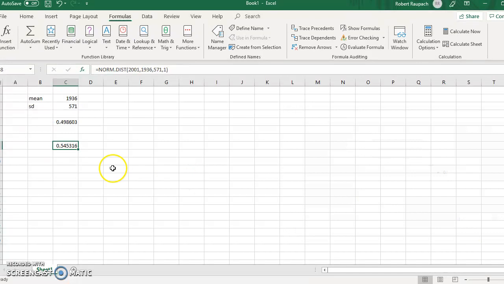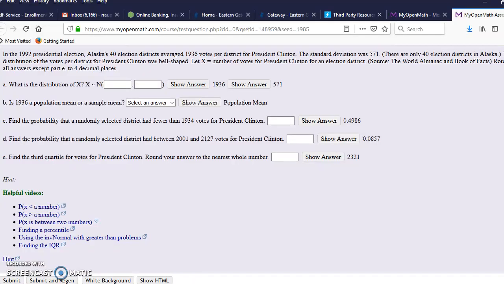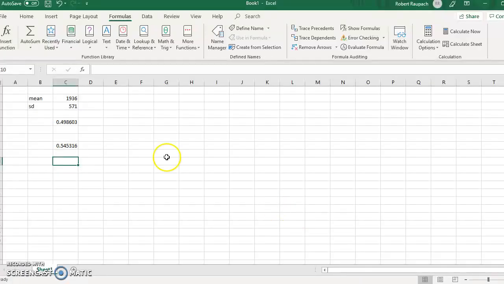Okay, there's one answer. Then I have to do the same thing for 2127.